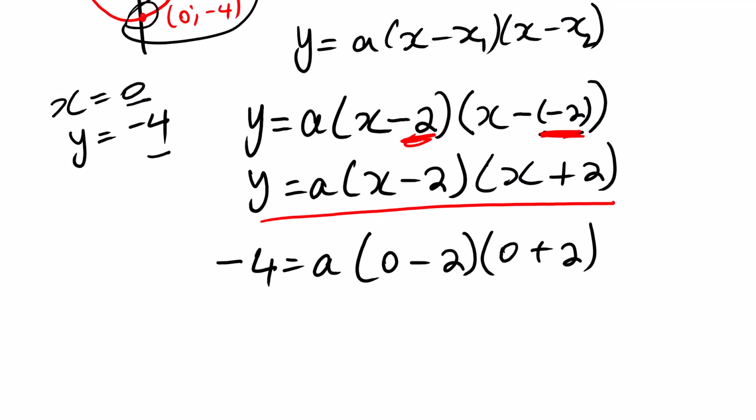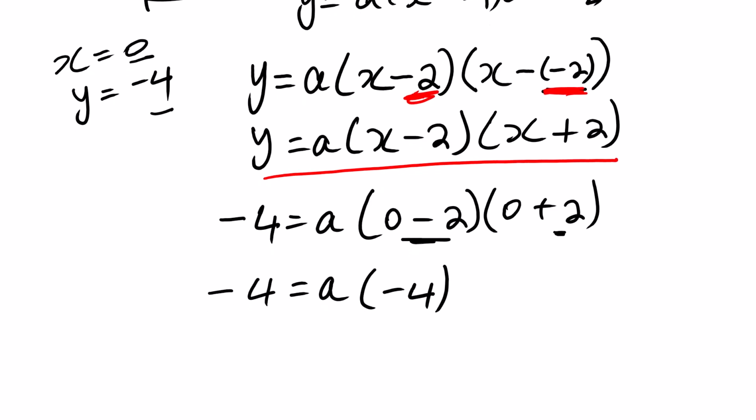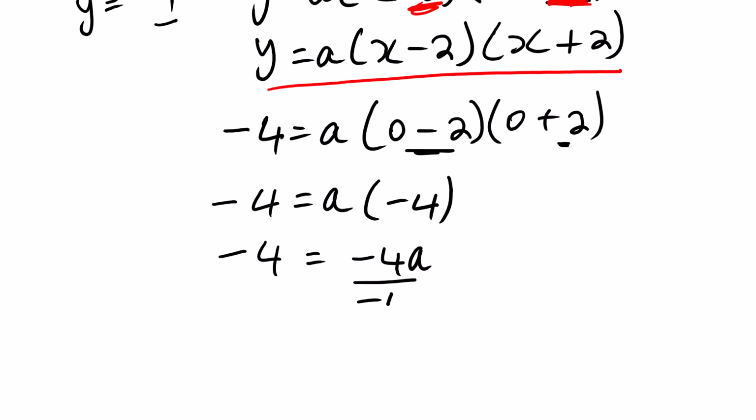We are trying to determine the value of a. We simplify the brackets: -2 multiplied by +2 becomes -4. So we have -4 is equal to -4a. We divide both sides by -4, so a is equal to 1.